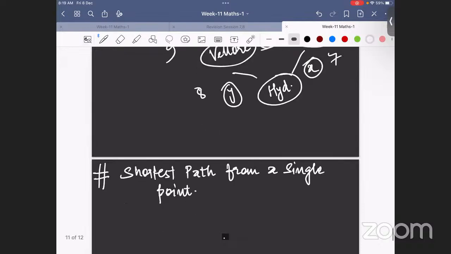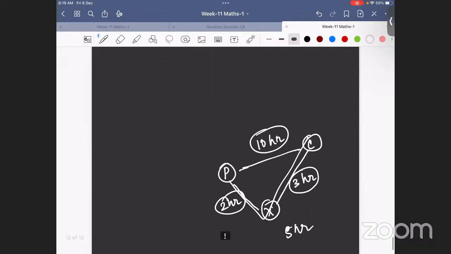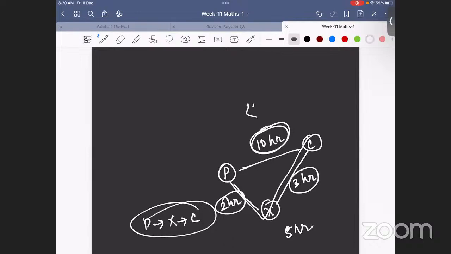So if you have been asked to calculate the shortest path from P to C, then you can say that P to X and then X to C can be your shortest path depending upon the weight, right? If the weight was not given, then you can directly say that it's better to go from P to C directly. But if some information is given to you, for example the direct flight was costing some 20K, and here it is costing some 5K and then 7K, then also you can think of this.